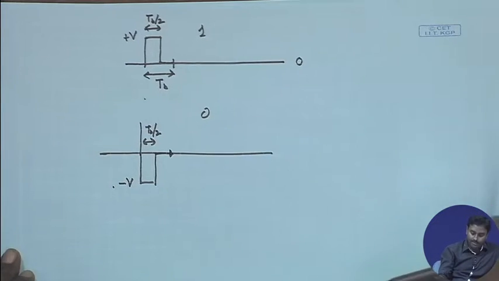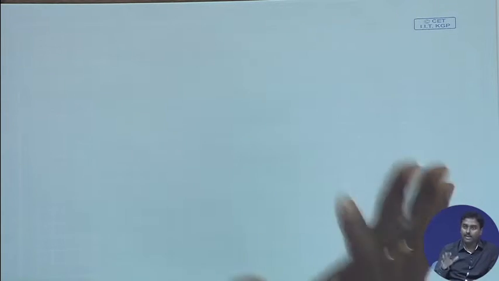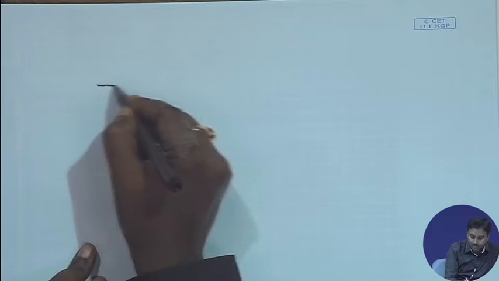Now, let us think of a random signal which actually carries information at the receiver. That means random binary streams, where 1s and 0s are all mixed. It can be 1, it can be 0, I do not have prior information.